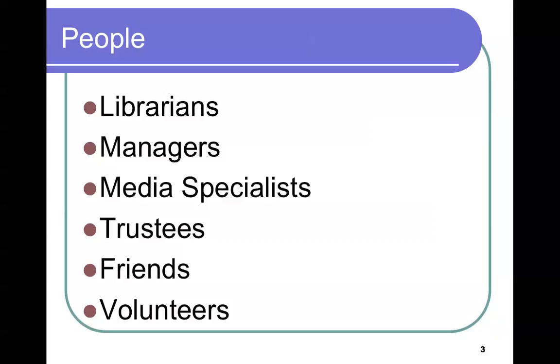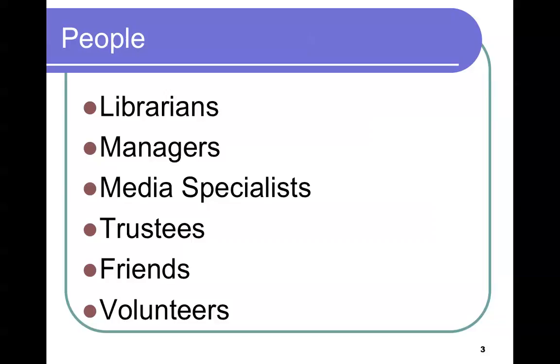Friends are the people who make donations to the library and support the library in any way. So it's also important to make a connection with them, because of fundraising, which is one of the lectures down the road in this class. We need to keep in touch with our friends, especially in bad economic times.